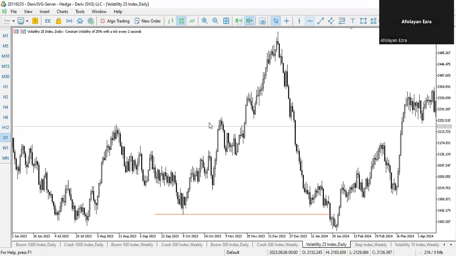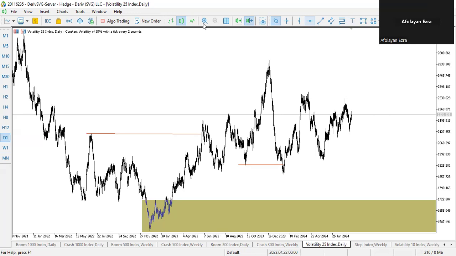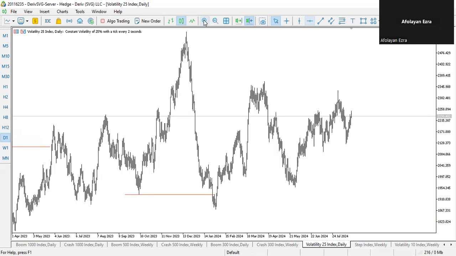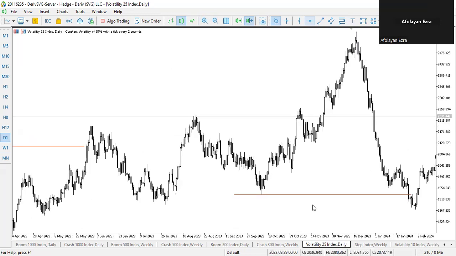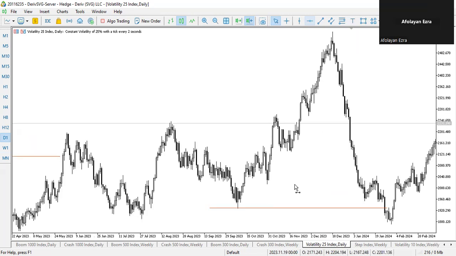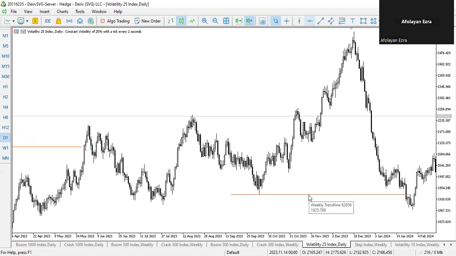I'm trying to check the daily structure. So this is where the daily structure is. Let me be sure that we have a break of structure before we proceed.